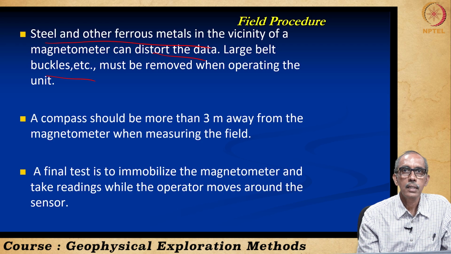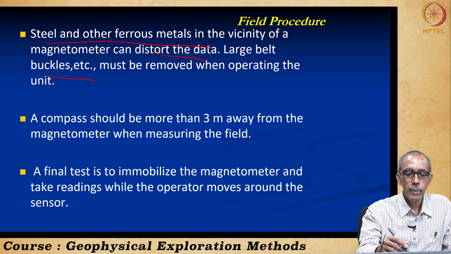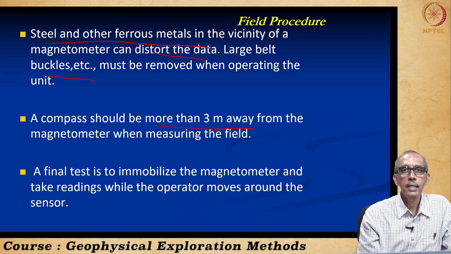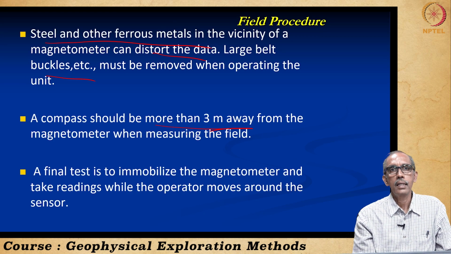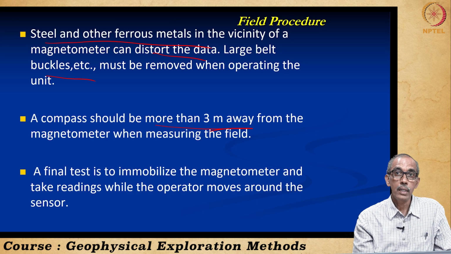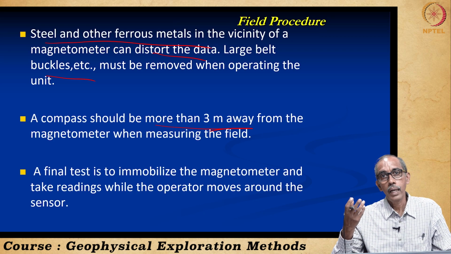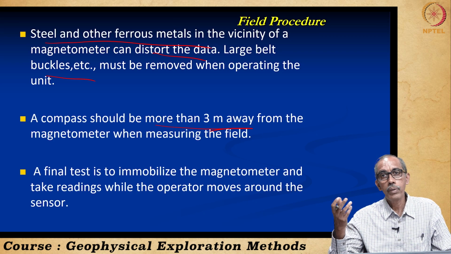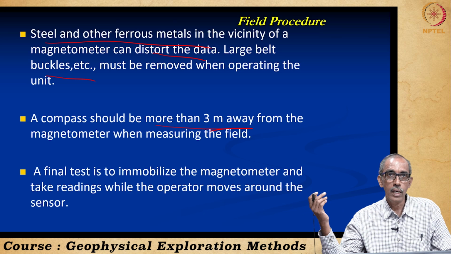All these things have to be avoided and removed. A compass should be at least 3 meters away from the magnetometer. Even a magnetic compass should be at least 3 meters away.